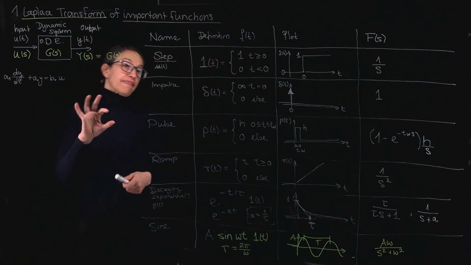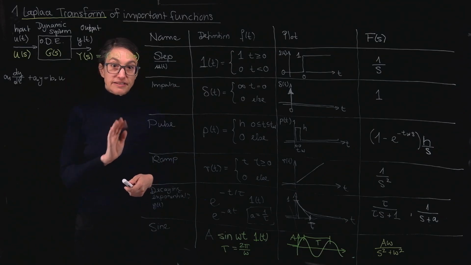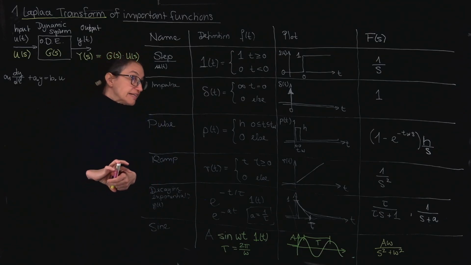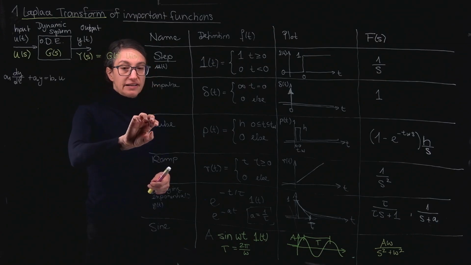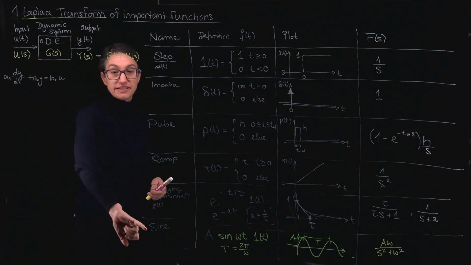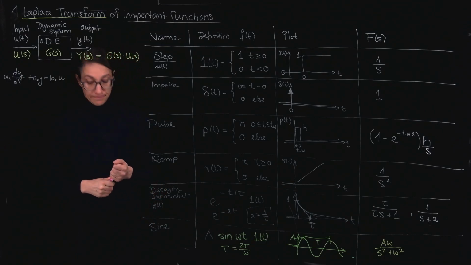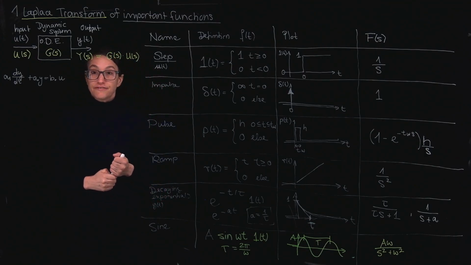So all these signals can be inputs and can be outputs, but very often the step, the impulse, and the pulse are the inputs, and decaying exponentials and sine waves are the outputs. Okay. And this is the first video.